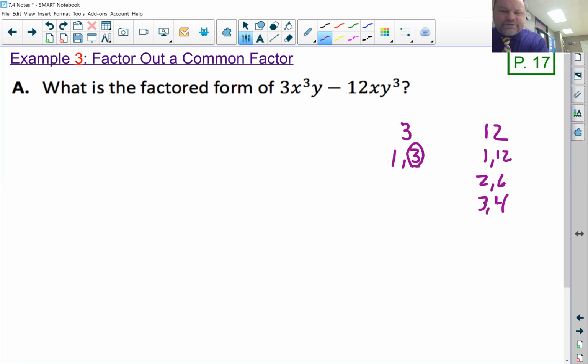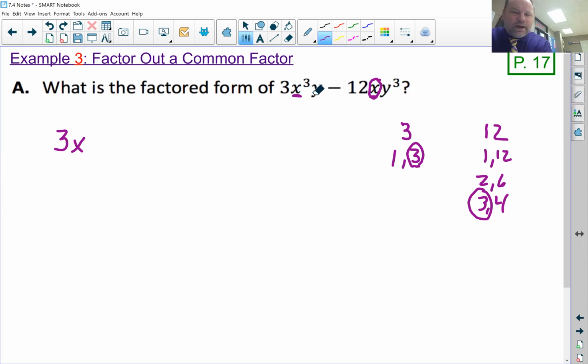The greatest common factor is 3. So we're going to have a 3 as a greatest common factor. Then we look at the variables. I have x cubed and x. So if I look just at the x's, the smallest x is this x to the first. So I'm going to have that as one of my greatest common factors.